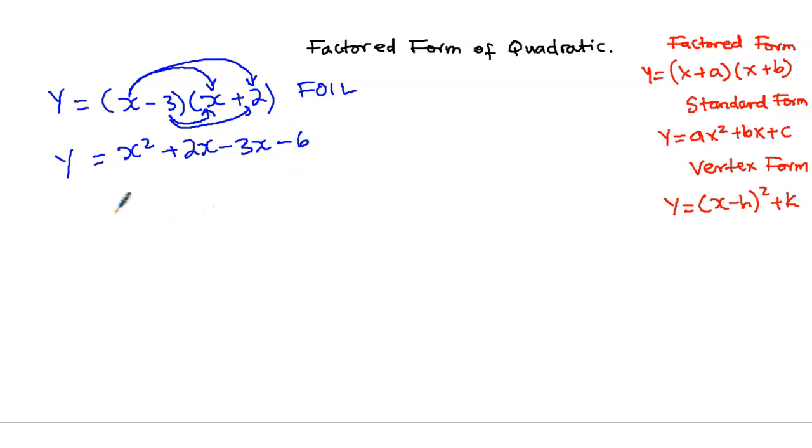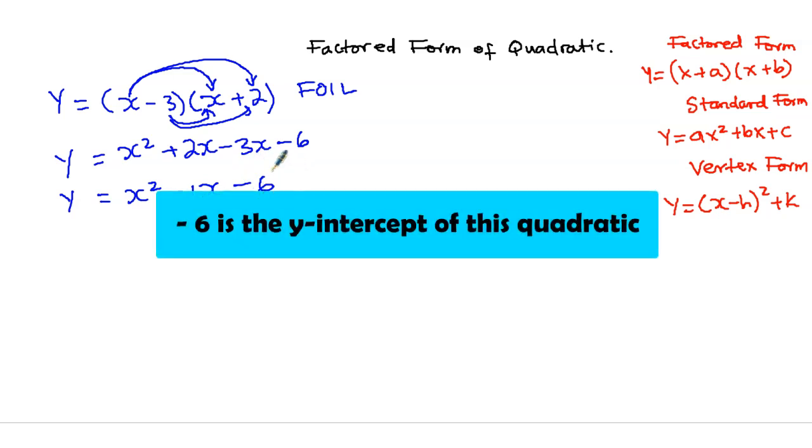Then you combine like terms. The middle terms are like terms, and that gives us negative 1x minus 6. Sometimes we can write it without the 1, but we're going to need it, that's the reason I put it there. So this becomes the standard form, and here we can see visually the y-intercept, which is negative 6.